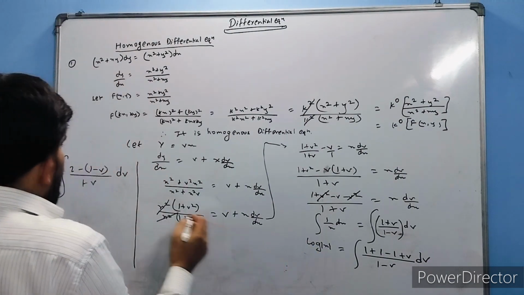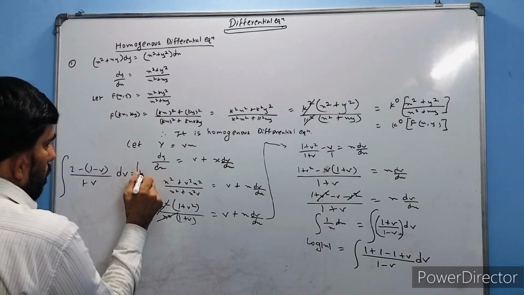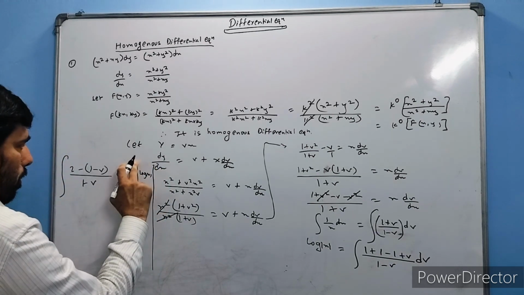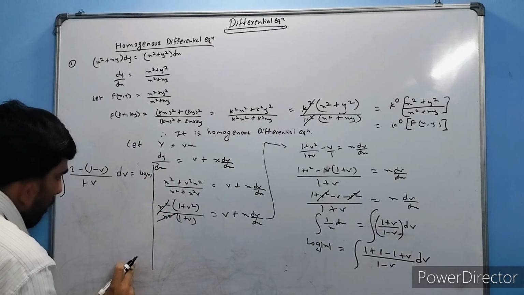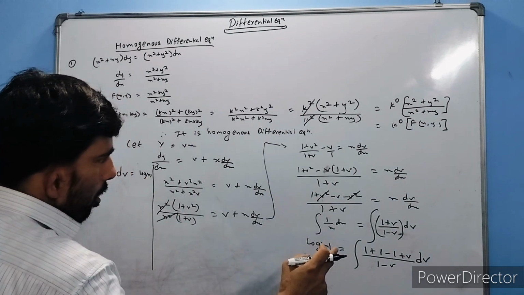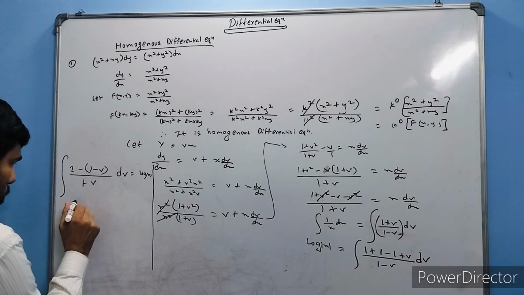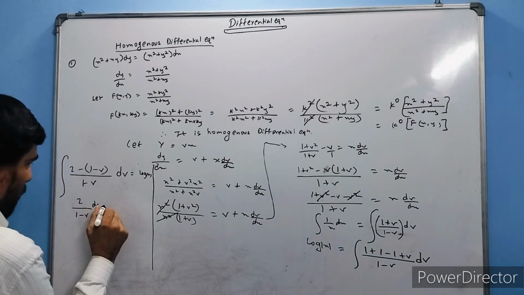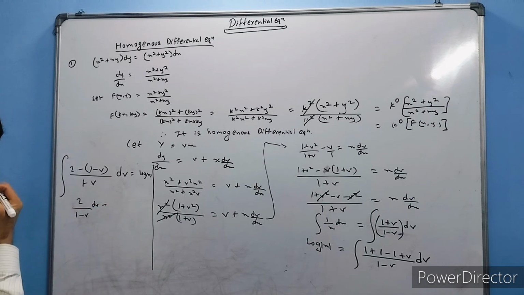We have log of x. If I open this, I will get 1 plus v. What can I do now? A simple way, we can just separate it out.